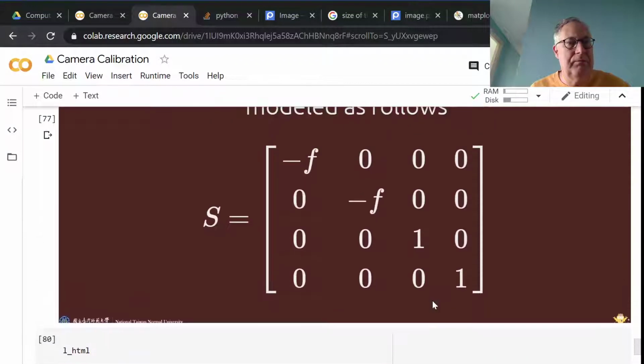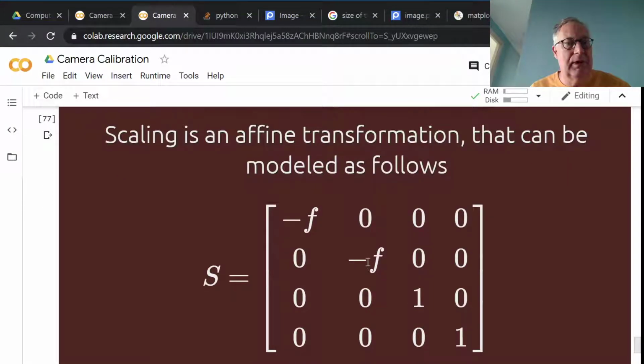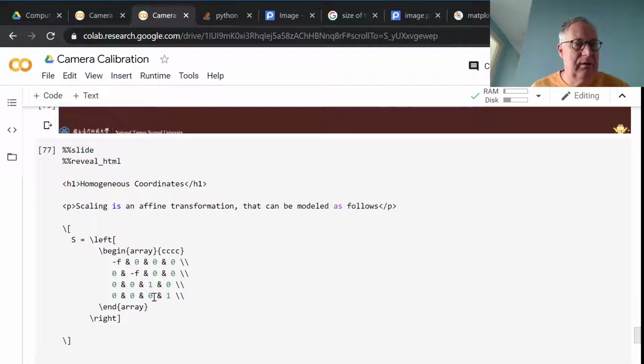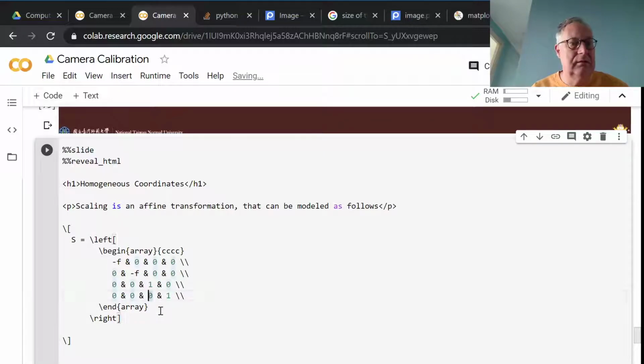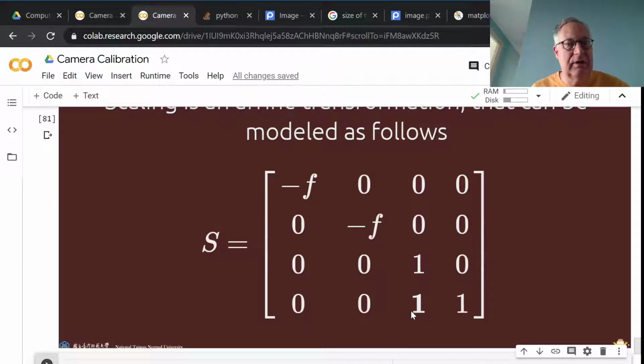Now, however, it comes in very handy, right? Because I now can multiply my points by minus f, and if I now want to divide, then I can change my homogeneous transformation matrix by setting this one to 1.